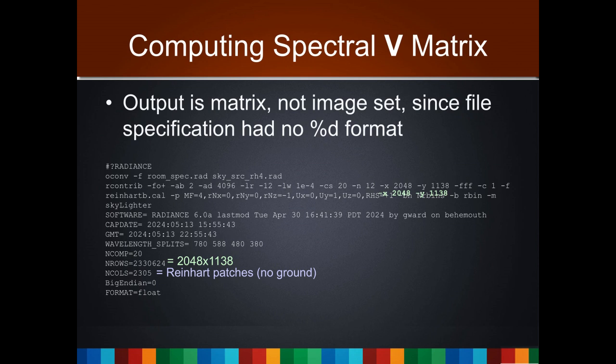I think this is missing something. There's supposed to be the wavelength partition thing, which is added by our flux matrix. So I must have put this in earlier. As I said, this number of rows corresponds to one row per pixel. And the 2305 is the Reinhart patches, minus without a ground patch.